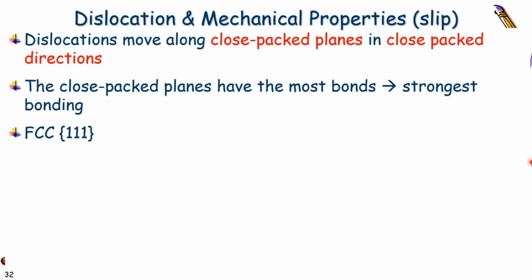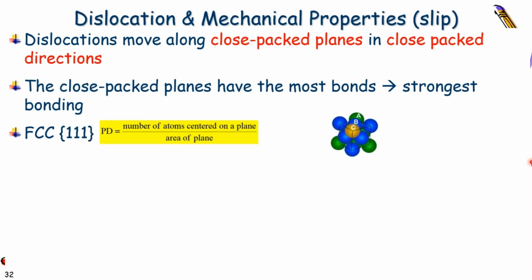So, for example, we have FCC 111. This is the FCC plane, and we want to know the planar density of this FCC 111. FCC 111 is represented by the blue atoms here. Planar density is the number of atoms centered on the plane.